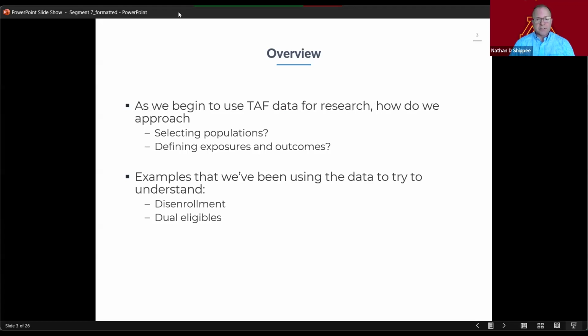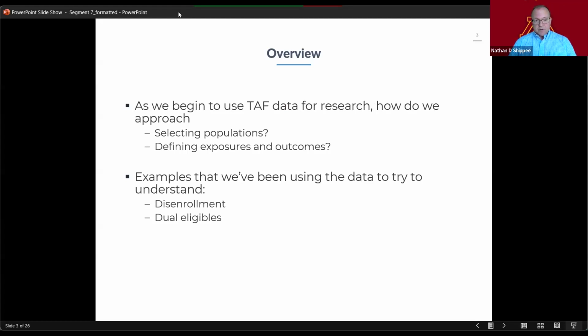So the overview here is as we begin to actually use TAF data for research and research questions, how do we approach selecting populations as well as defining the measures that we use, both for exposure or outcome or covariate or those kinds of things.